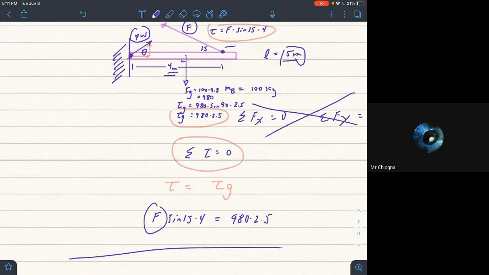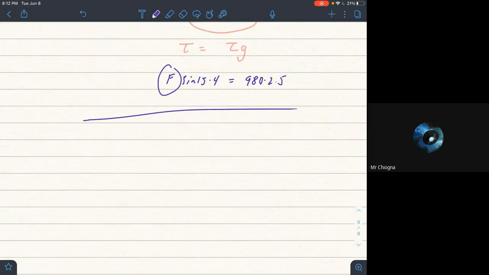What about FW? Think about that. I'll give you 30 seconds just to think about it. How would you calculate it? Okay, now you're dealing with force.